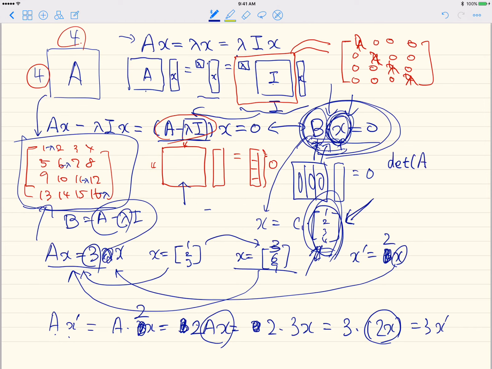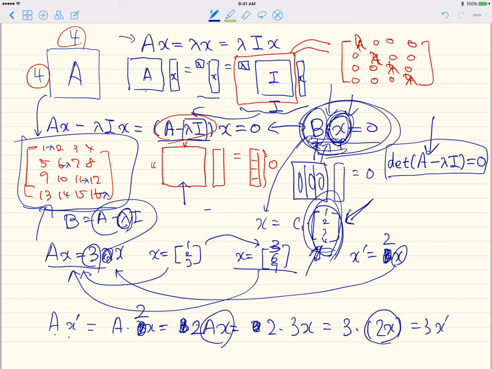So in order to obtain this lambda value, we solve this equation: the determinant of A minus lambda I should be 0. That's how we make this A minus lambda I non-invertible. So those eigenvalues are obtained by solving this equation.